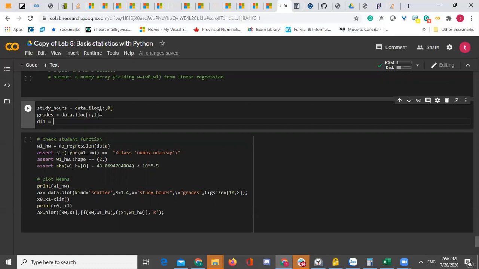So for the first vector, the weight, you get, if you wish, one row, two columns. To make the product with the study hours, we should get two rows, one column.